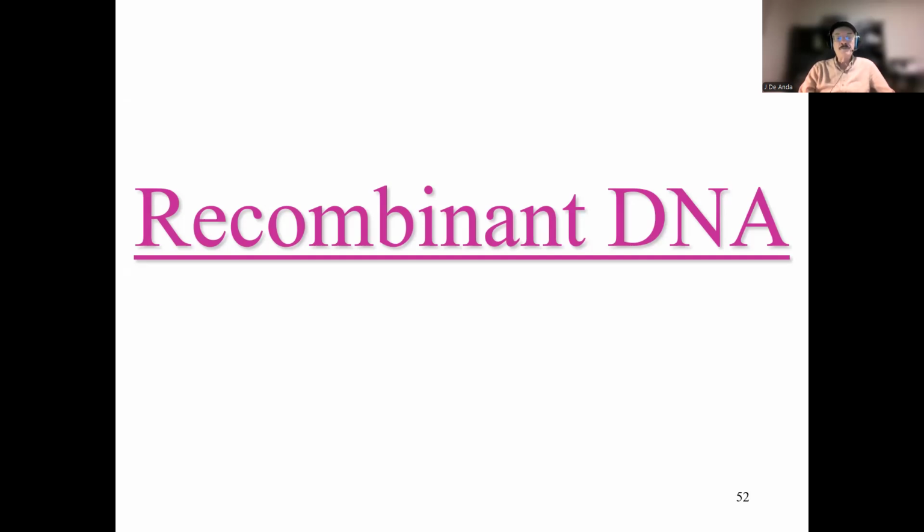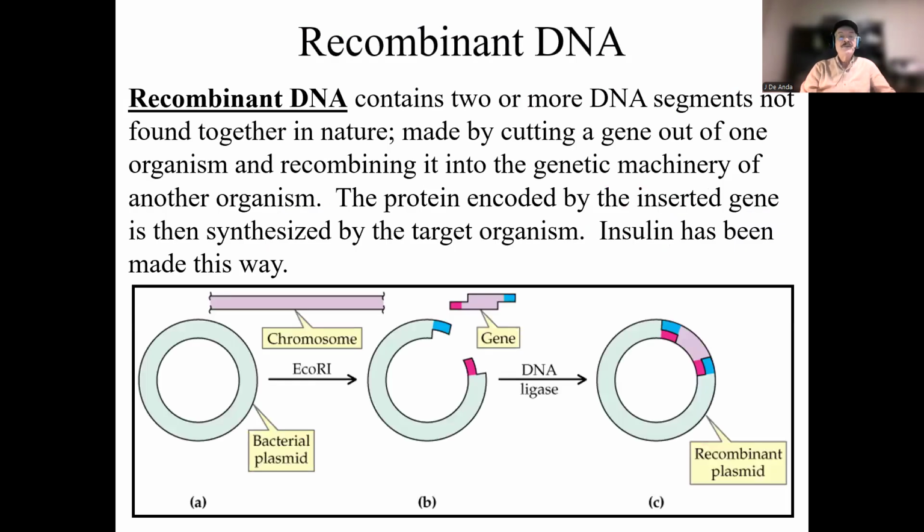But in the 20th century, biochemical tools became available where we could actually go in and chemically manipulate DNA and generate what is traditionally called recombinant DNA. In a recombinant DNA, you take two or more DNA segments that are typically not found together in nature.